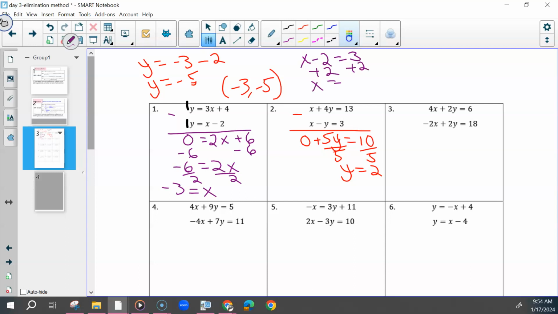So the x value is 5. Any questions so far?